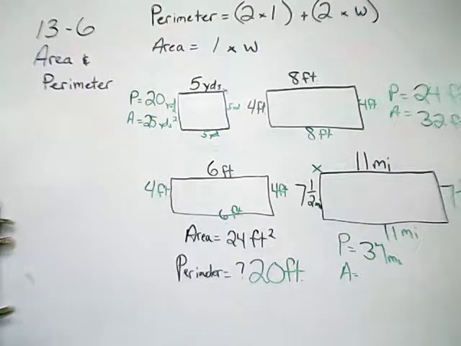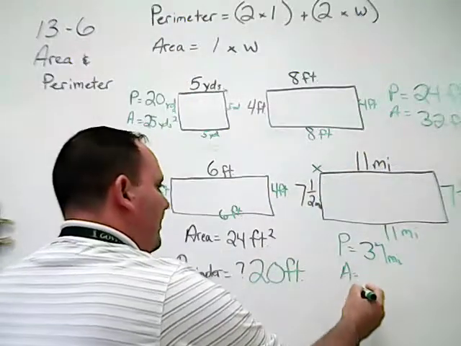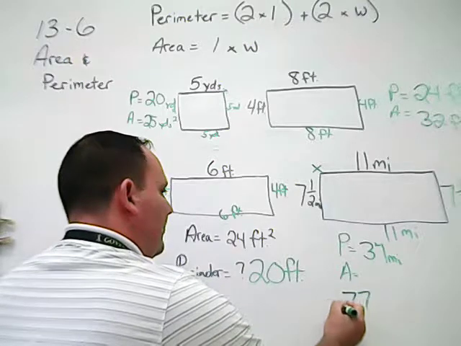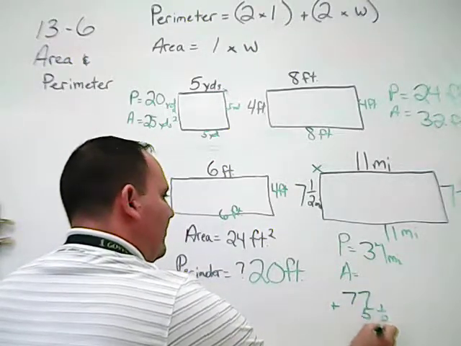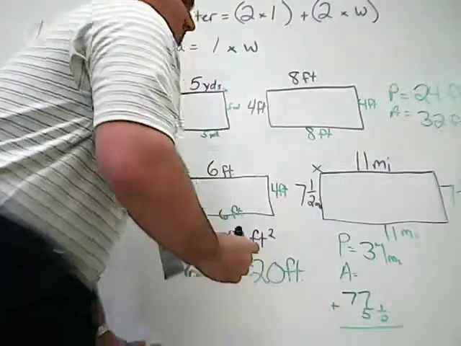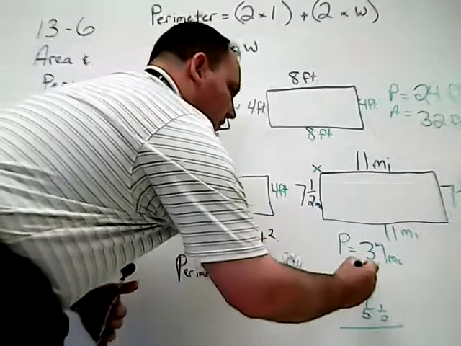Half of 11 is 5.5. So 7 times 11 is 77, plus 5 and 1/2. You get a final answer of 82.5 square miles.